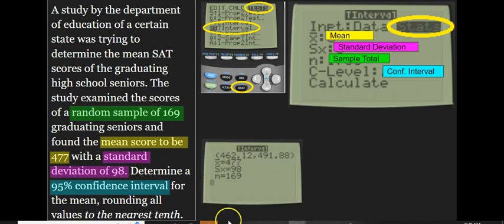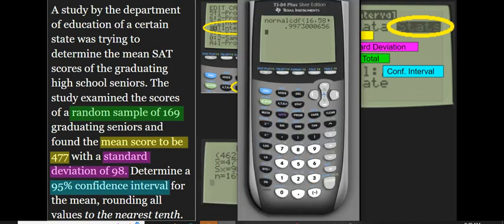So we're going to do stat test 8. So go to stat, which is here, over to tests, and if we have the mean, we're using number 8, T interval. All right, you want to move the little cursor over here to stats.